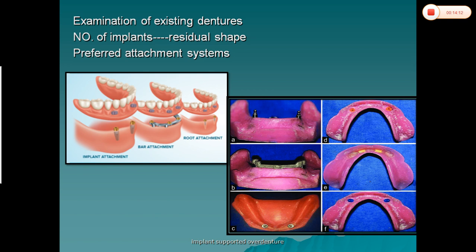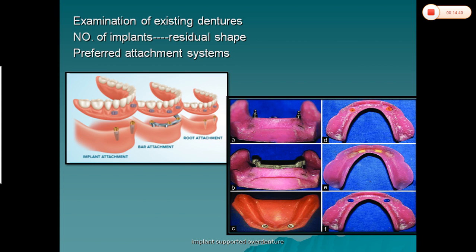Then aesthetics. When you are placing implants, it has to improve the aesthetics or retain the aesthetics of the patient. It should not damage or cause any unaesthetic look. And also the implant location should be easy for the patient for hygiene maintenance. Okay, so when you are deciding the number of implants, you have to decide all these things.